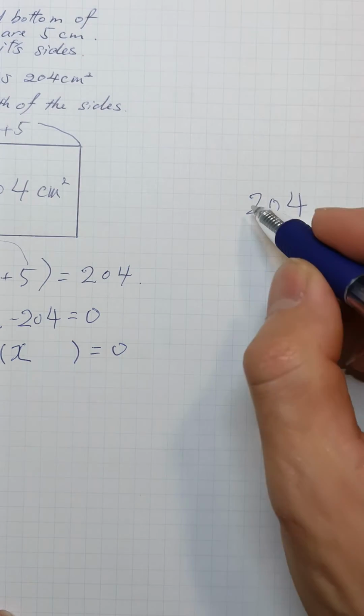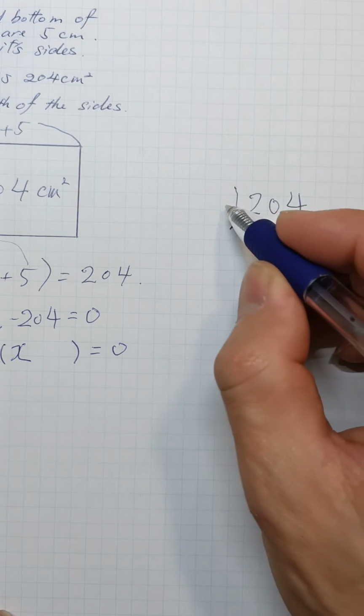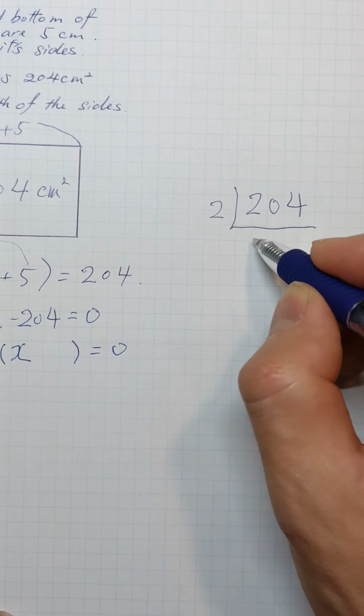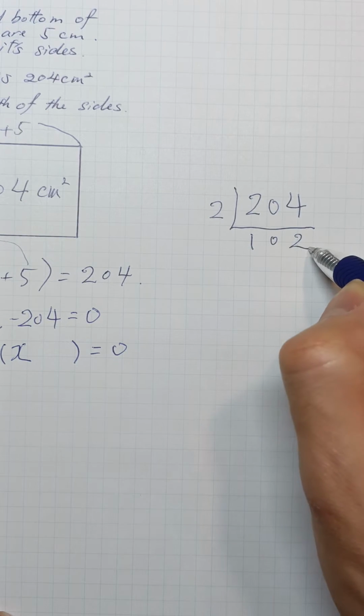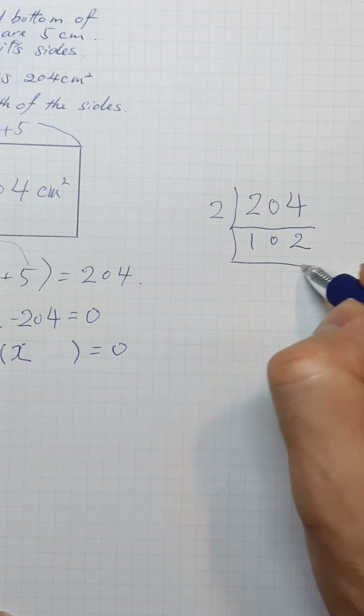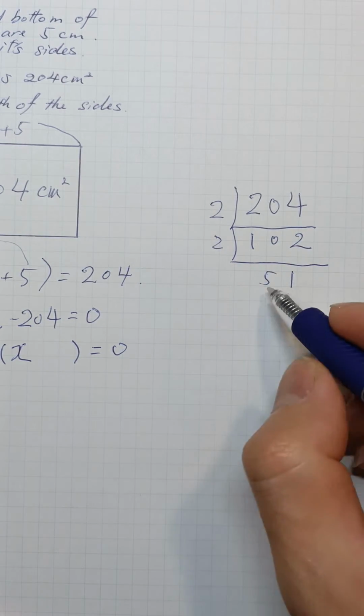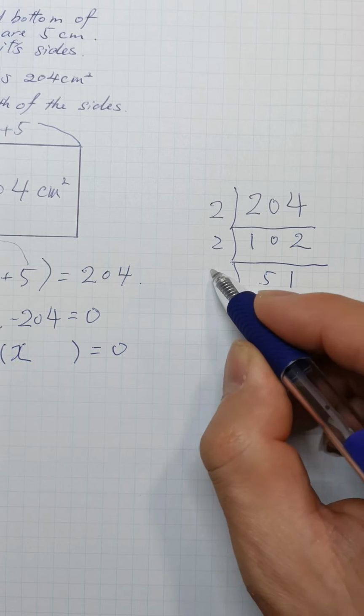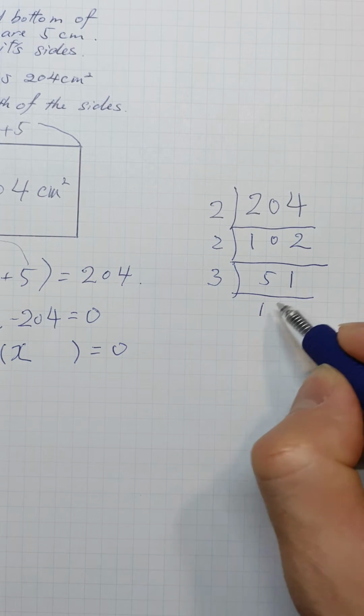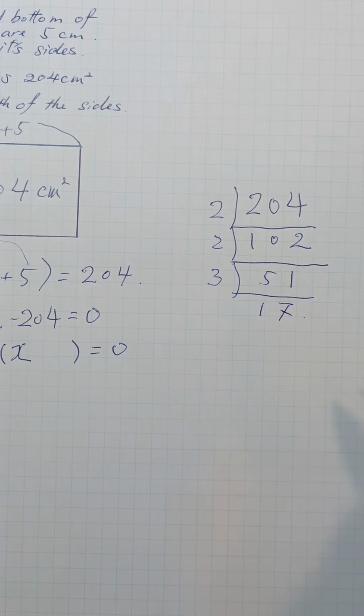204: if you divide by 2, you get 102, and you can still divide by 2, giving 51. Then you can divide by 3, giving 17.